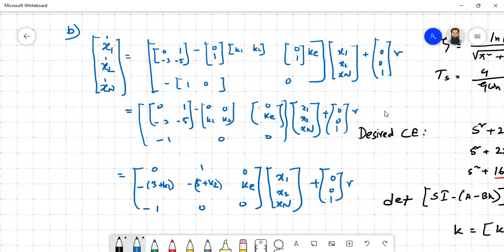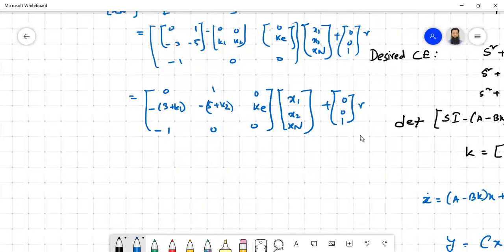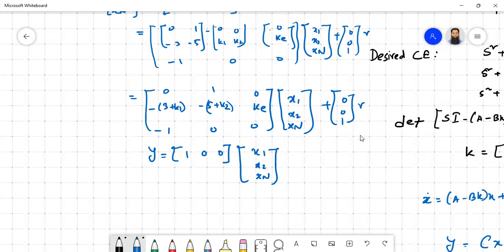Okay, so the state equation is already derived, and what about our output? Output is unchanged, so that is y equal to 1 0 0 times x1, x2, and xn. Okay, so the system that we have is basically from that existing system.